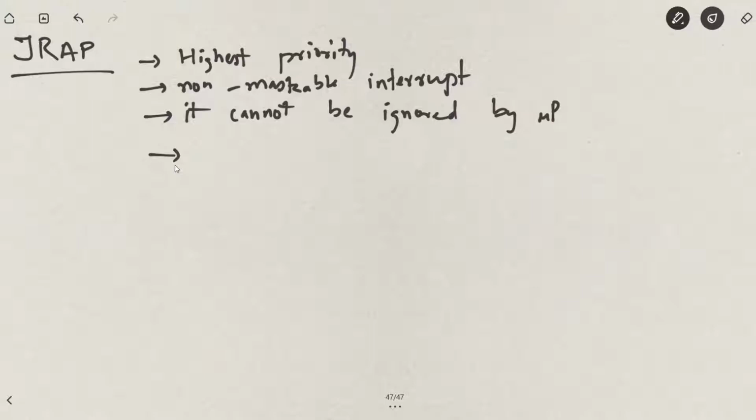So what is this trap used for? There will be certain applications where a certain priority has to be set so that the microprocessor cannot ignore these situations. So it is used in handling emergency situations. What can these emergency situations be?